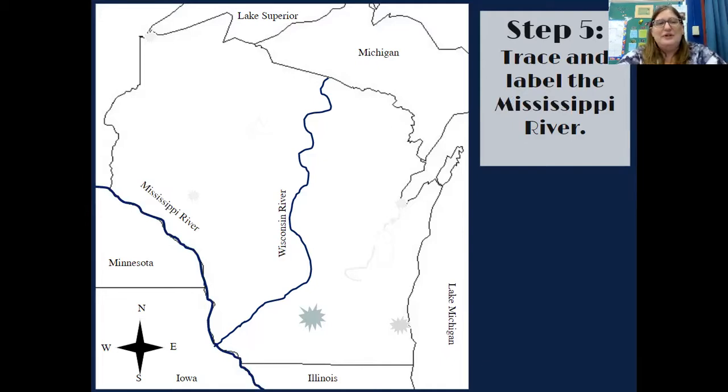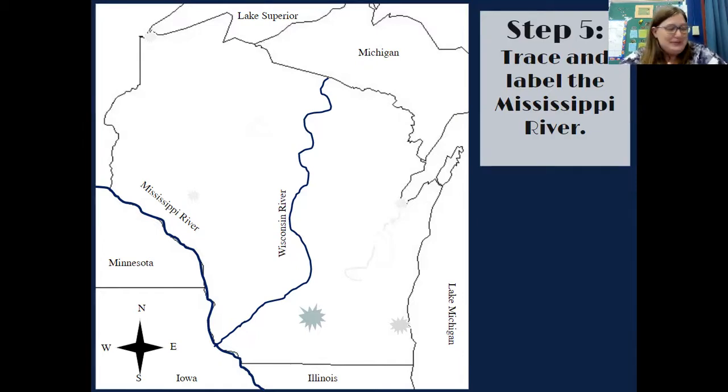All right, so we're going to label the Mississippi River next. And the Mississippi River, you will notice when you look at your map, there's a very faint line for you to trace, and it goes into Minnesota. Make sure that you do go into Minnesota when you are tracing the Mississippi River, because the Mississippi River begins in Minnesota at Lake Itasca.